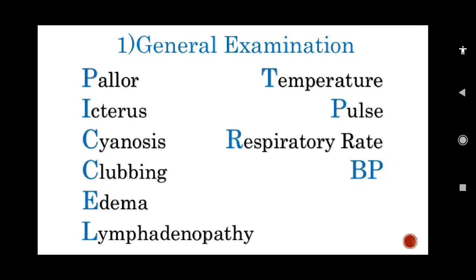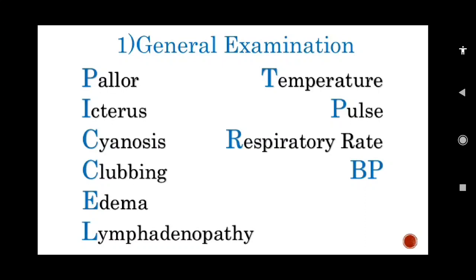So first of all, coming to the general examination. For any clinical examination, first we have to start with history taking: name, age, sex, all those things. After completing the personal, family, drug, and medical histories, we have to start the general examination.